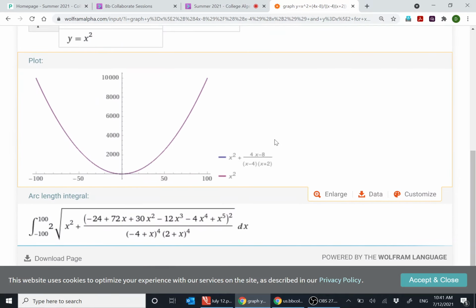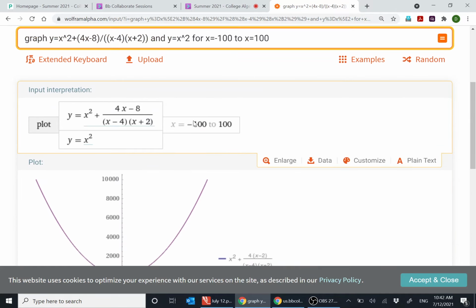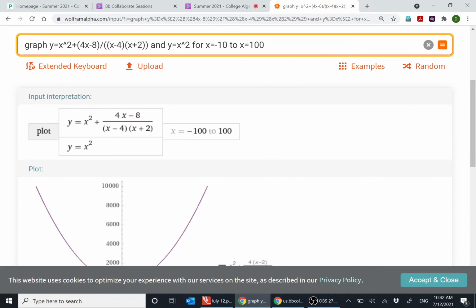There it is. They look the same, don't they? The interesting stuff is happening inside here, but you're not really seeing it. Maybe x from minus 50 to 50. We don't even need that much, minus 20 to 20.